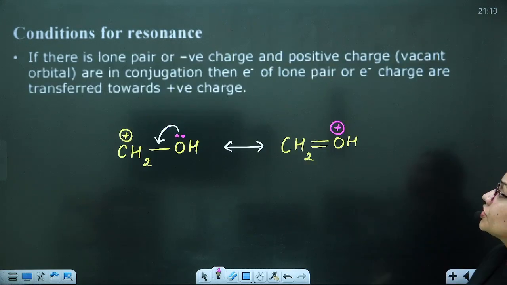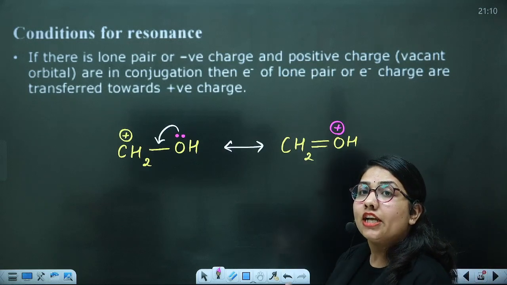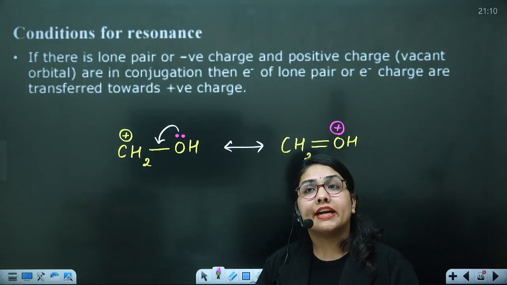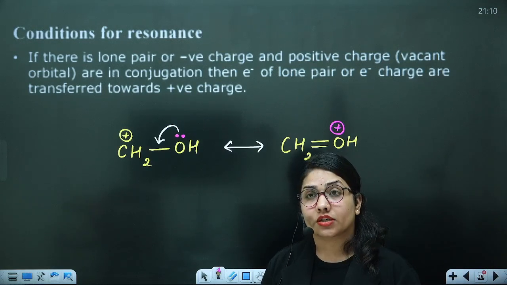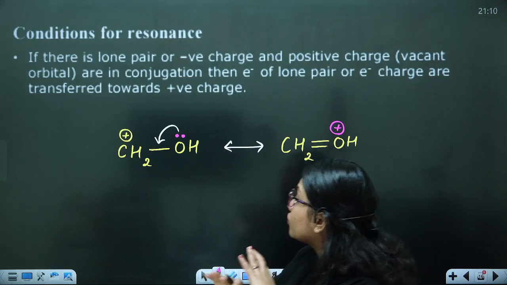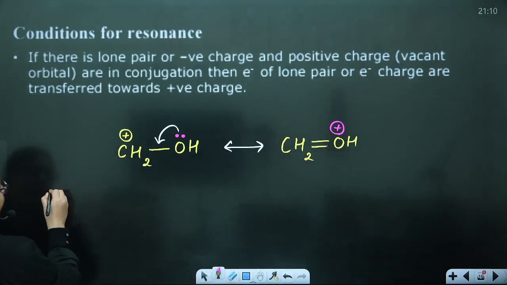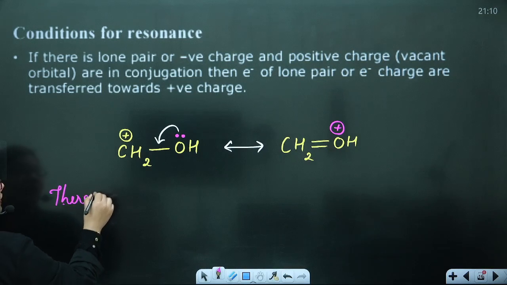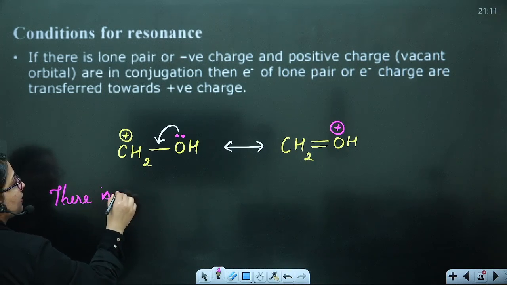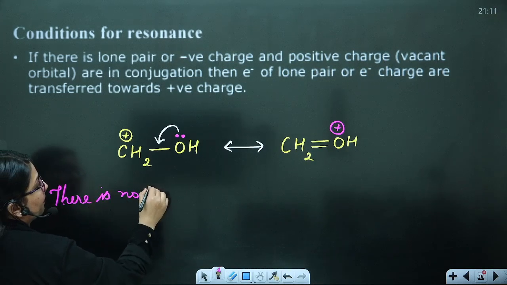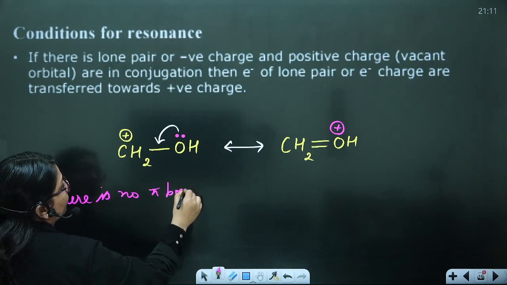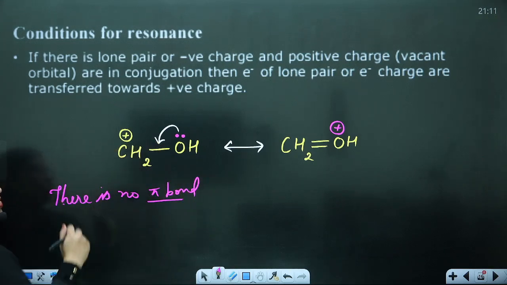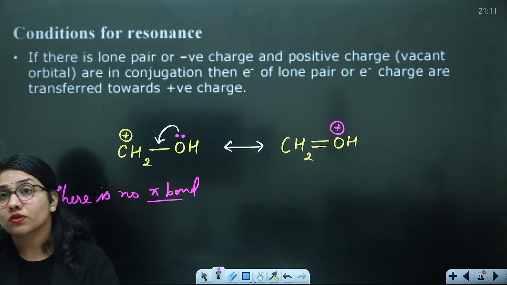Now the next condition is if there is a lone pair or negative charge and a positive charge, okay. Here there is no pi bond. You cannot see a pi bond in this structure, but still it shows the resonance.